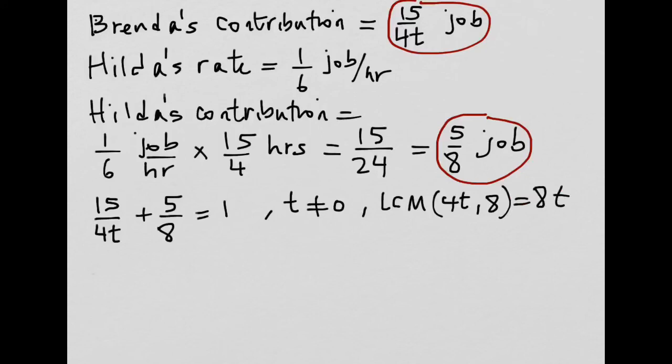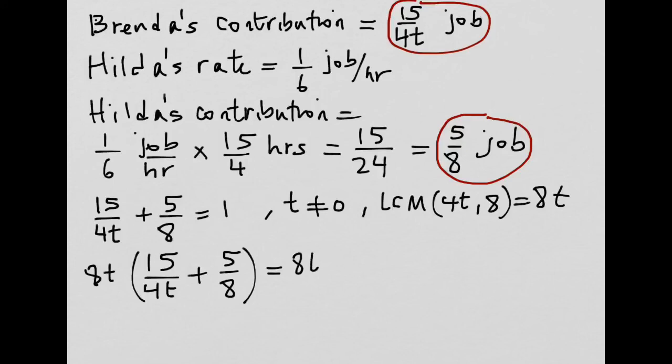Let's multiply both sides of the equation by the LCM. 8t times 15 over 4t plus 5 over 8 equals 8t times 1.